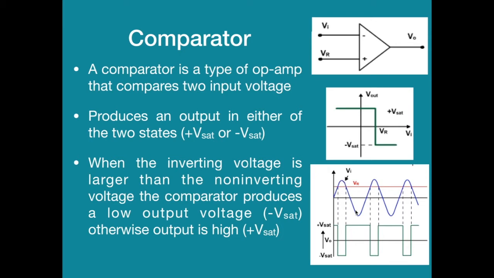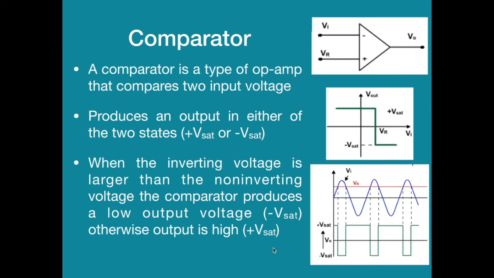Now this V in is compared with this constant voltage, and whenever V in crosses this Vr line, it is greater than this Vr line, the output is at negative saturation, otherwise output is at positive saturation. That is, for the whole of this cycle, when input is less than Vr, we are at positive V saturation, and as soon as the input crosses this Vr, we go to negative saturation.